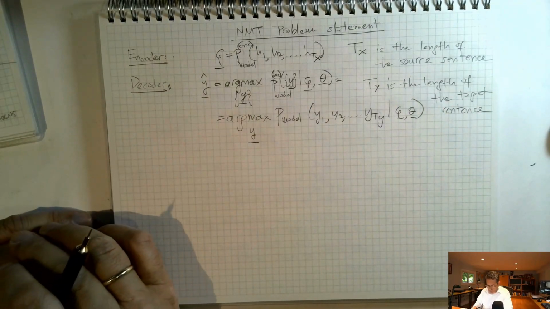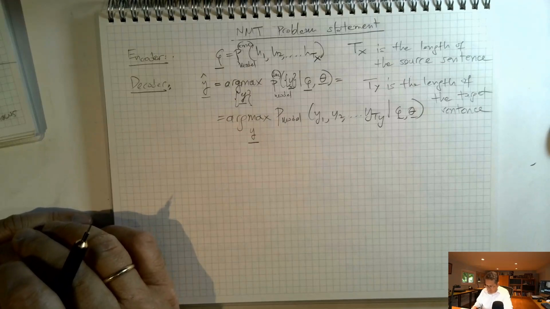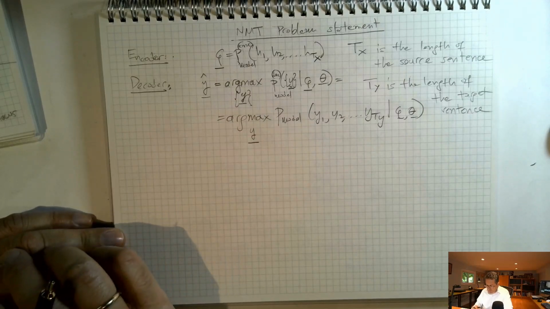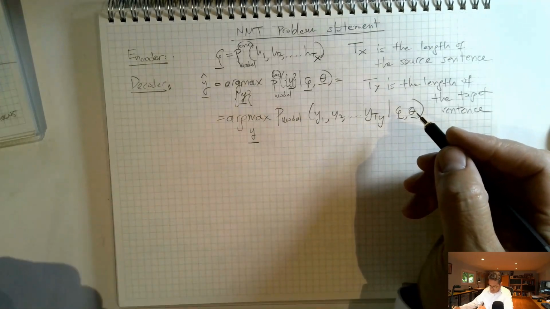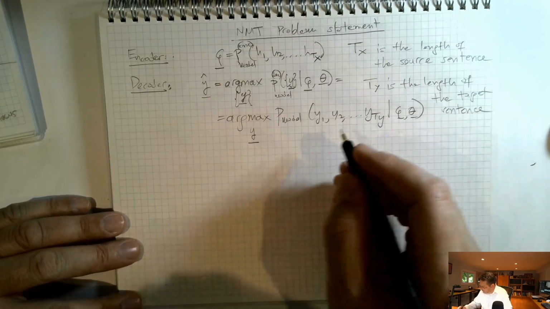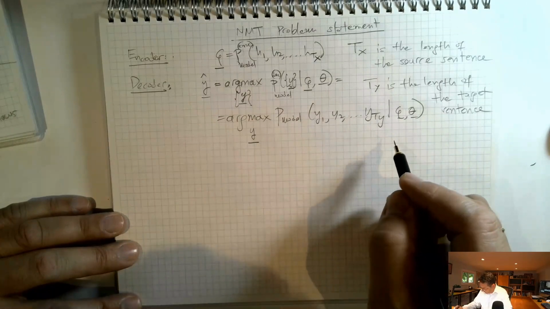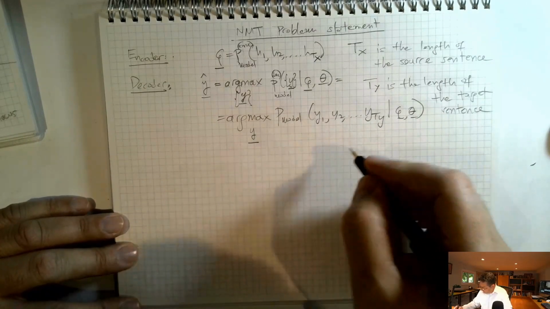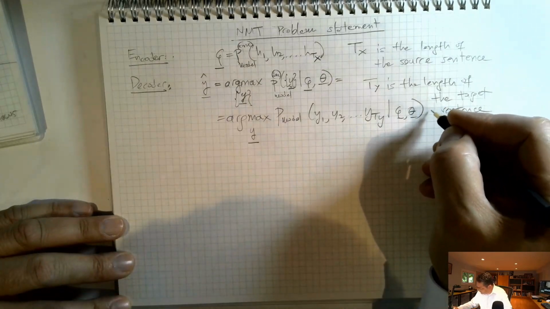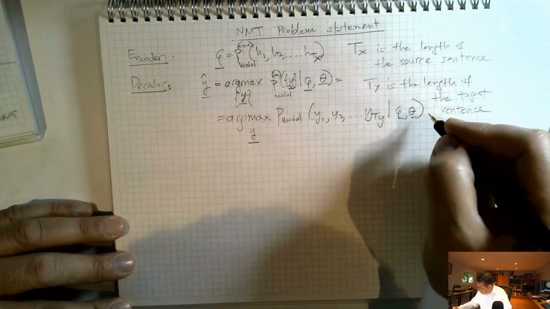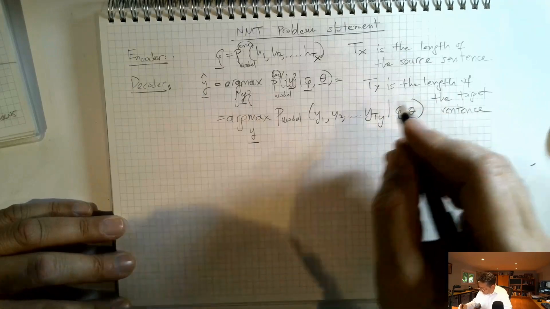All right, so what we can see here is that we can make a similar simplification to the calculation of this model that we did earlier when we were discussing language models, or actually when discussing Word2Vec.